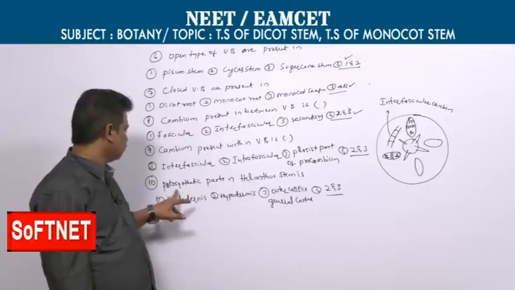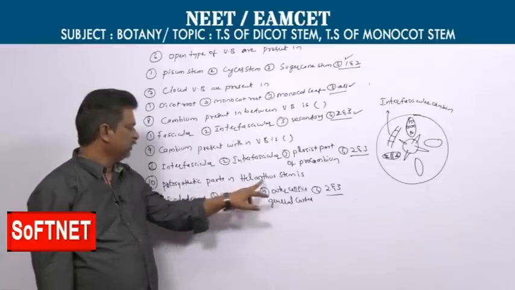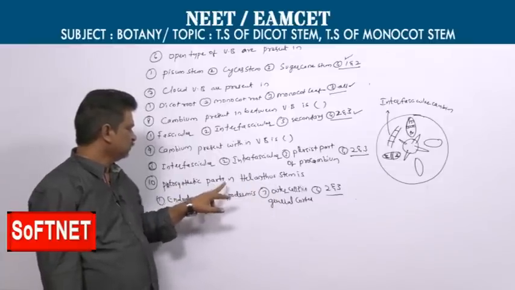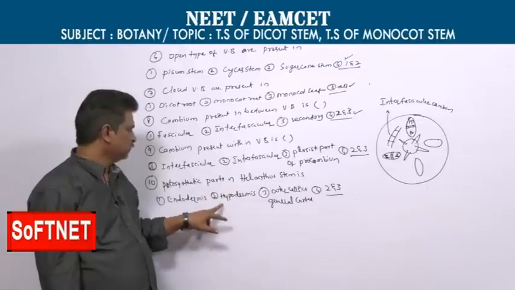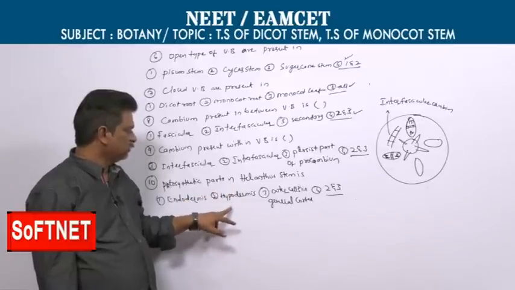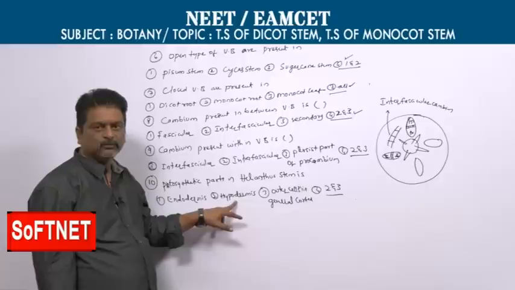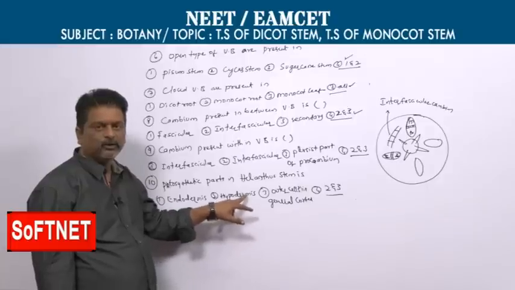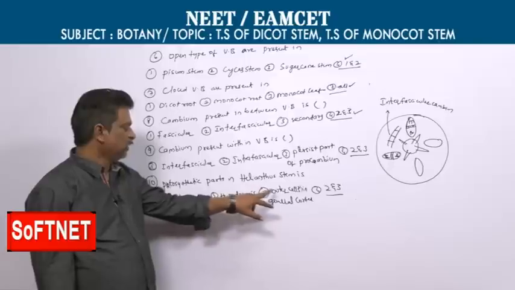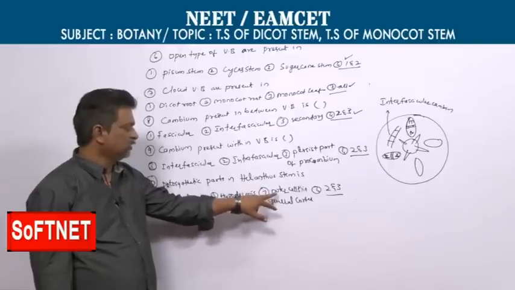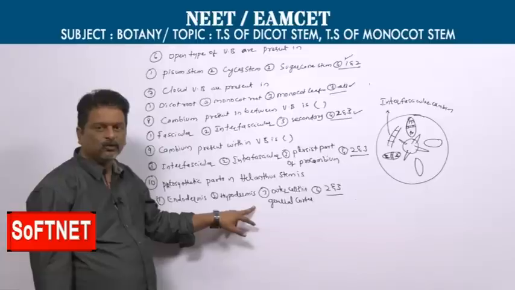Next question, photosynthetic parts in Helianthus stem. So, in Helianthus stem, which part contains chloroplast? Hypodermis. Hypodermis is collenchymatous, so it contains chloroplast. Then outer cells in the general cortex contain chloroplast.